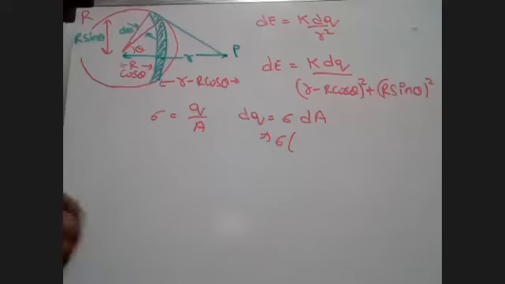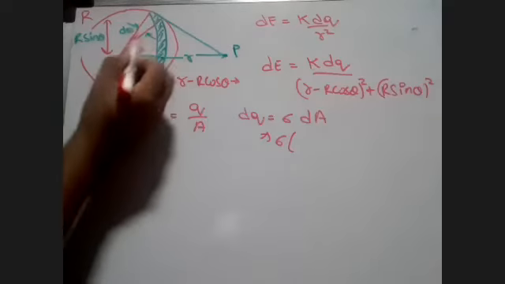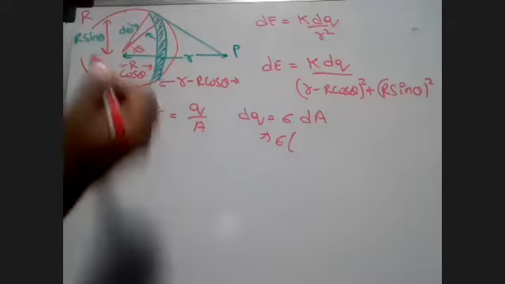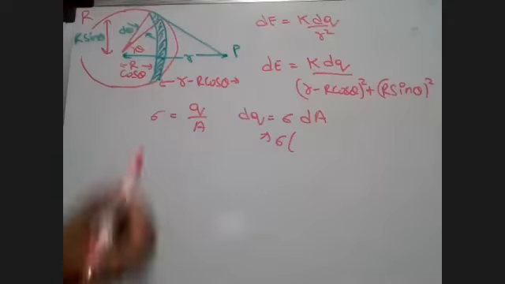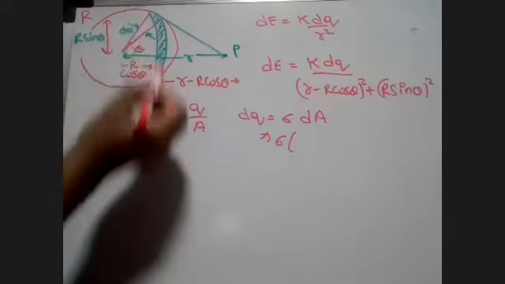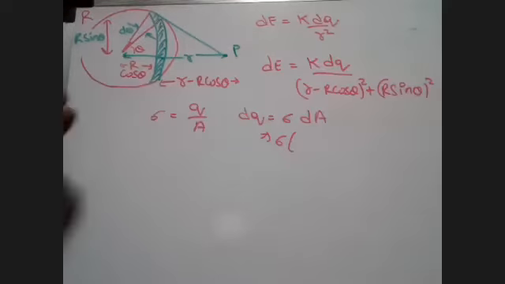Looking at this ring, the circumference is going to be 2 pi capital R sin theta. Why R sin theta? See, look here, the sphere has a radius of R, and let's say the radius is this red line which I have made. If I have to find the radius of this ring, considering this is a three-dimensional thing, the radius of the ring is not going to be the same as the radius of the sphere.